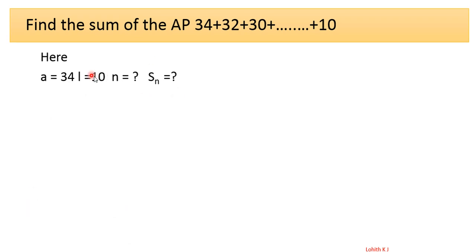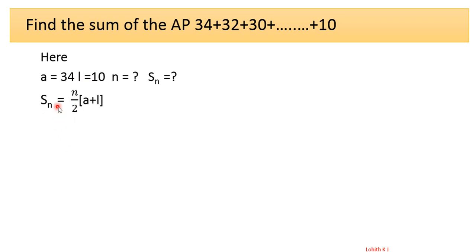Next, we need to find n. The number of terms is not given here, and as we have to find the sum, we need to find Sn. Here there are two unknowns. First we need to calculate n, and then calculate Sn.